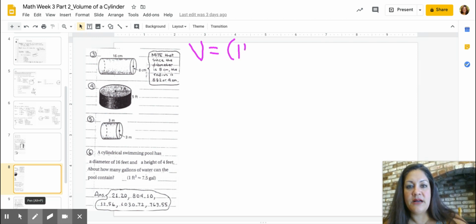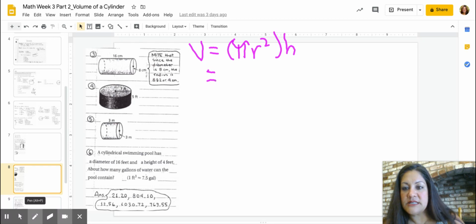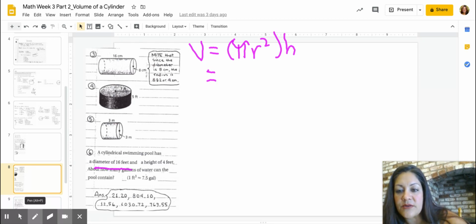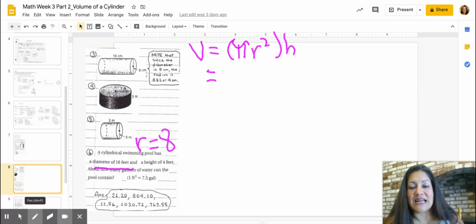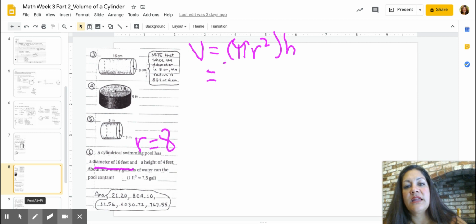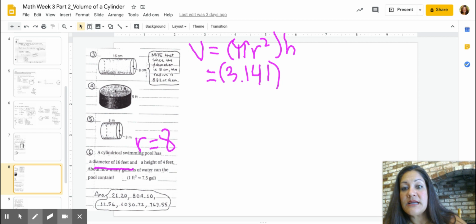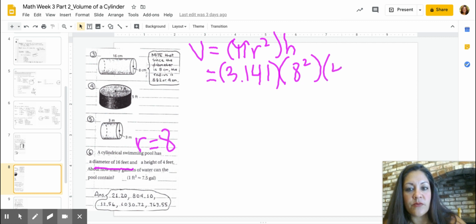Base is pi r squared and then times height. So let's plug in our values. The diameter equals 16 feet, which the radius is half of that. So I know radius has to be 8. So we'll have our pi, 3.141, times our radius squared, times the height of the pool, which is 4 feet.